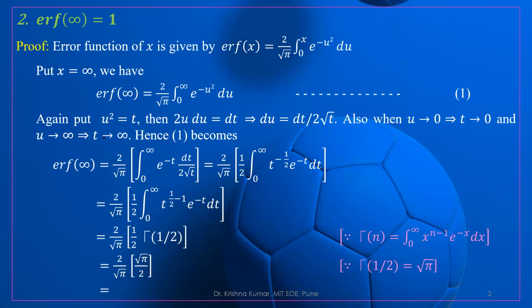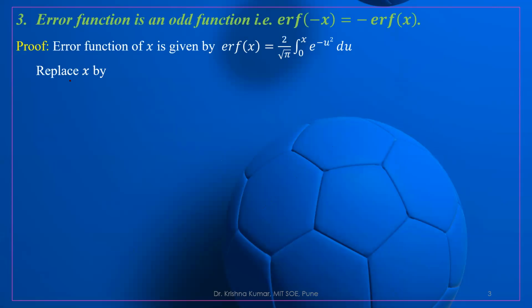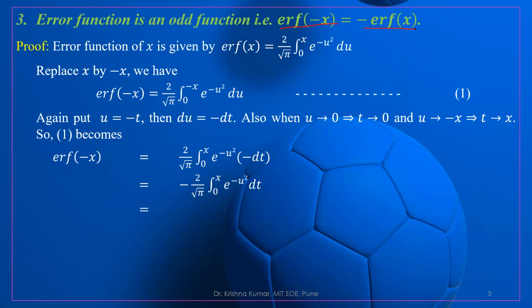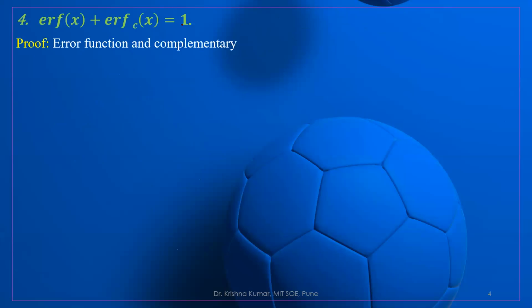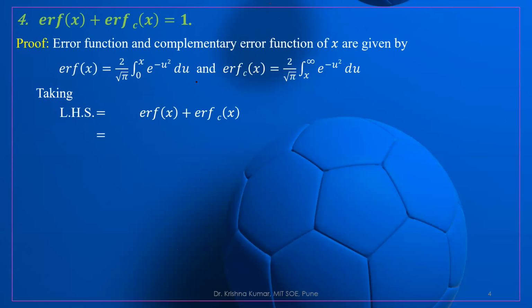The third property is that the error function is an odd function, so erf(-x) = -erf(x). The fourth property is that the sum of the error function and its complementary function is equal to 1. We have already proved these things.